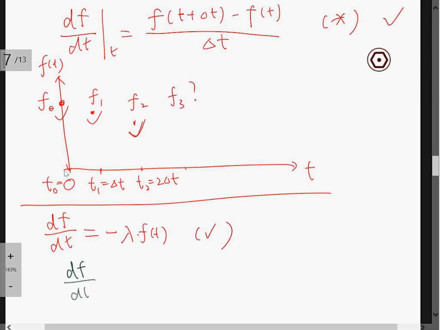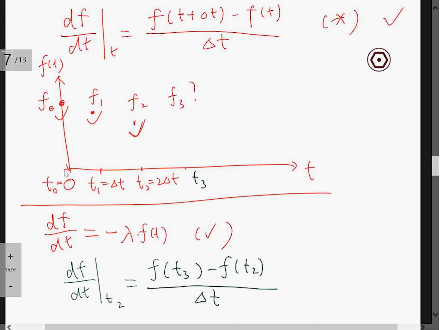The derivative estimate at T2 is equal to f of t plus delta t, which is T3, minus f at T2, divided by delta T. This actually involves an unknown in the derivative.